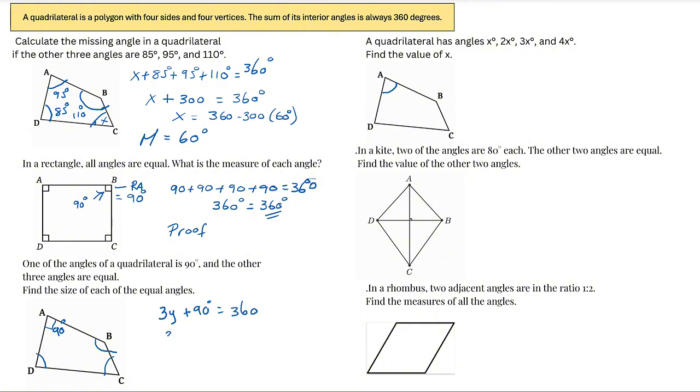So now I'm going to do 3Y equals 360 take away 90, which is 270. So now I'm going to divide as normal 270 by 3. So my Y becomes 90 degrees.